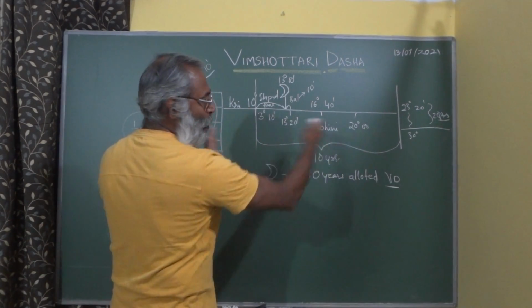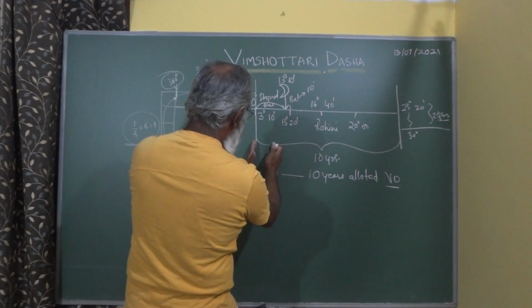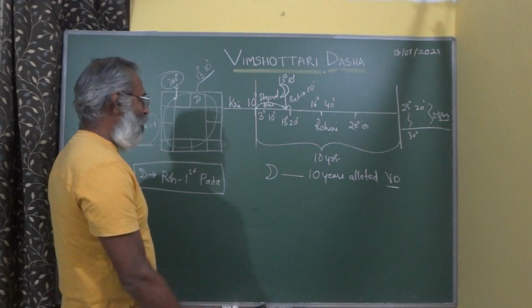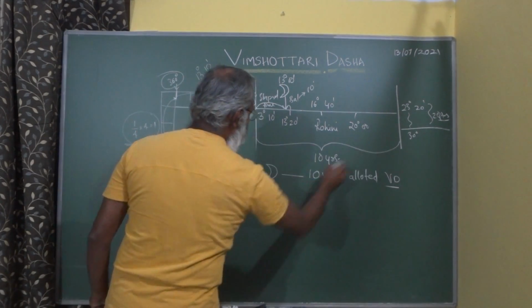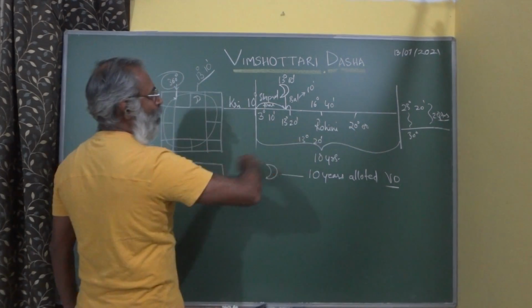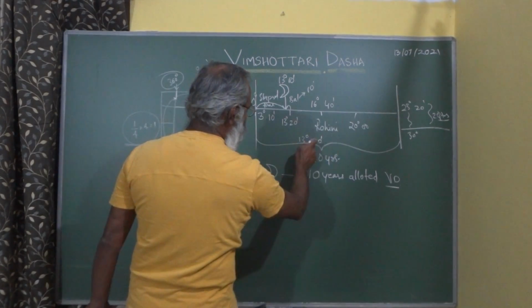The whole span of Rohini Nakshatra, wherever moon is, would be 10 years, and this would be this much. It's a pro rata calculation. We should do the pro rata calculation. So this whole span is 13 degrees 20 minutes in length. That is 23 degrees 20 minutes minus 10 degrees, which is 13 degrees 20 minutes.